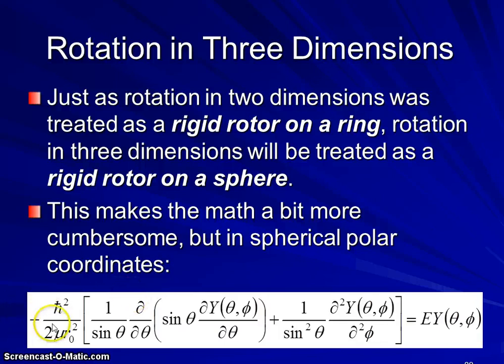So we get h bar squared over 2 times the moment of inertia, times 1 over sine of theta, that's the new angle of rotation that's being introduced, times d d theta of sine theta times d d theta of the wave function, so this will be our 3-dimensional rotation wave function, plus 1 over sine squared theta d2 d phi squared of that wave function will give us the energy of rotation.